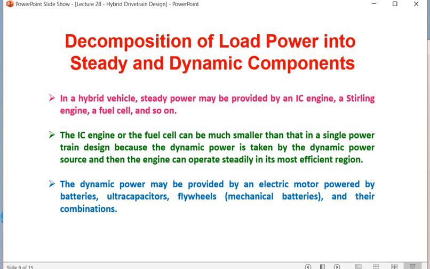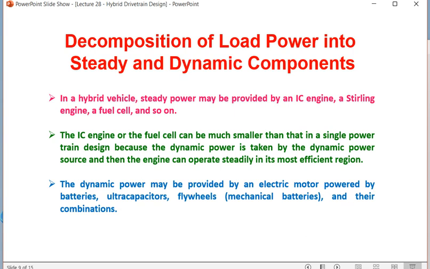But whenever we design an HEV, that is a hybrid electric vehicle, the size of the IC engine and fuel cell will reduce, because they have to supply power only for the constant power requirement. Dynamic power will be taken from the dynamic power source, which is nothing but a battery, flywheel or ultra capacitor. So the main load gets distributed among the primary source, the engine, and the secondary source, the battery based motor driver.